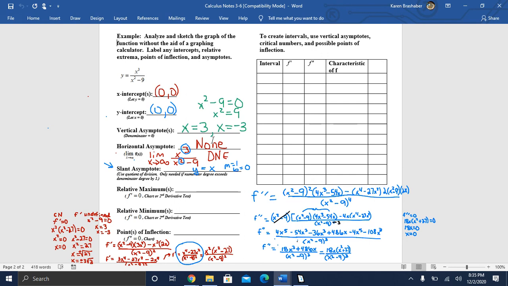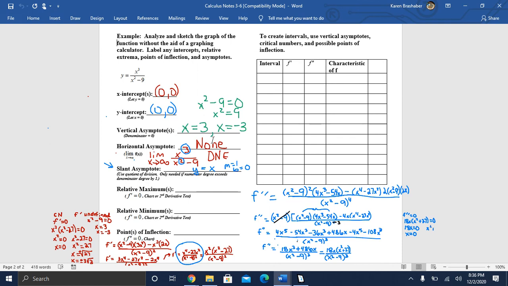Now, you've got 0 not only as a possible point of inflection, but on the left side of your screen, you'll see that 0 is also a critical number. So 0 cannot be both, so we'll have to look for what it really is by analyzing through the table.